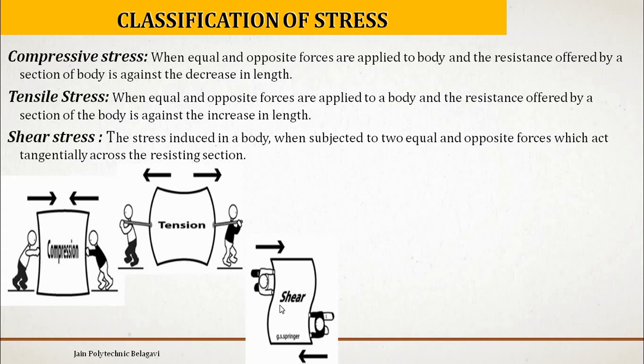So what is the resisting section? This middle section, right? Because half the box is covered by this force and half the box is covered by this force. So the middle section will be the resisting section, because only there is the resistance developed, right? So it is said to be shear stress.